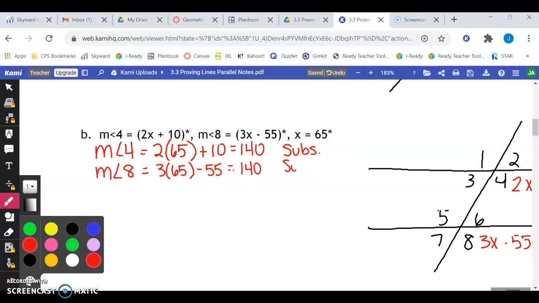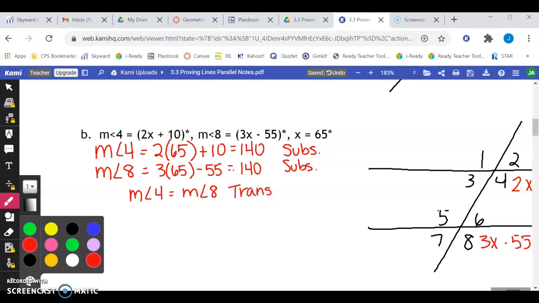We did this using substitution, as we plugged that 65 in for x. Now, what we can see is they're both equal to 140 degrees. So we can say that the measure of angle 4 equals the measure of angle 8, and that is because of the transitive property of equality.